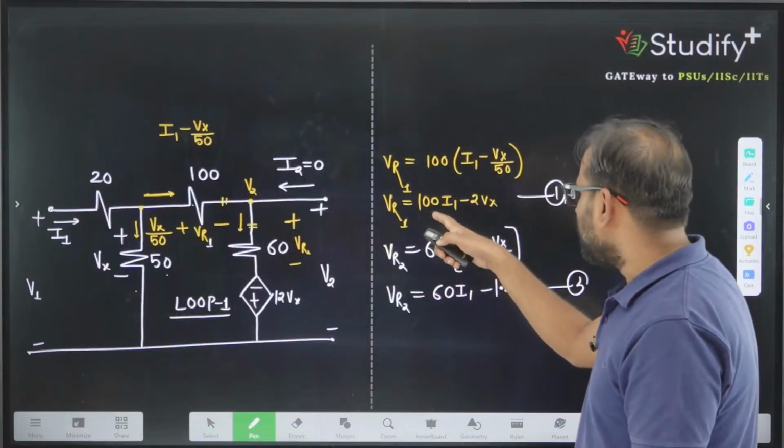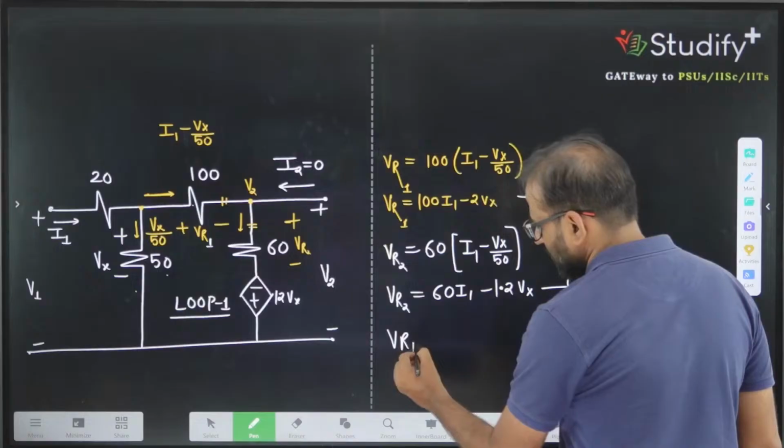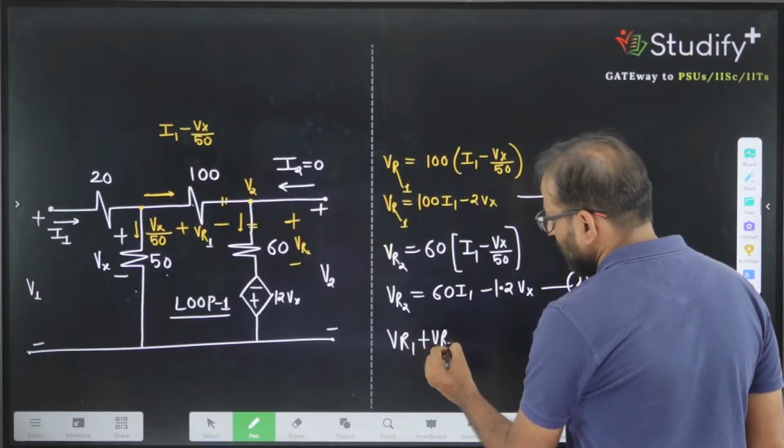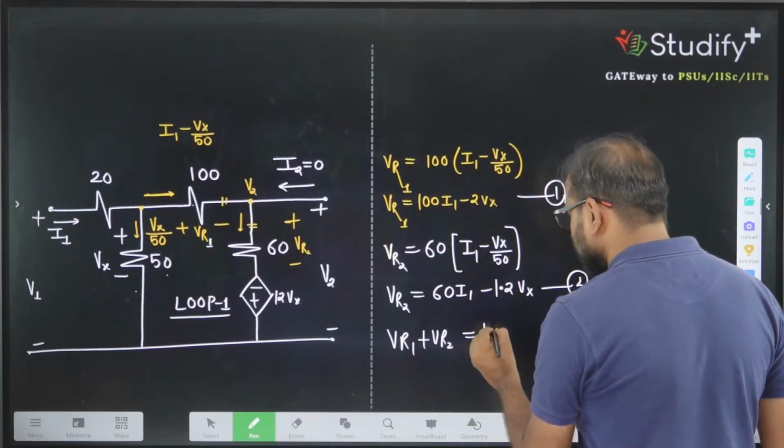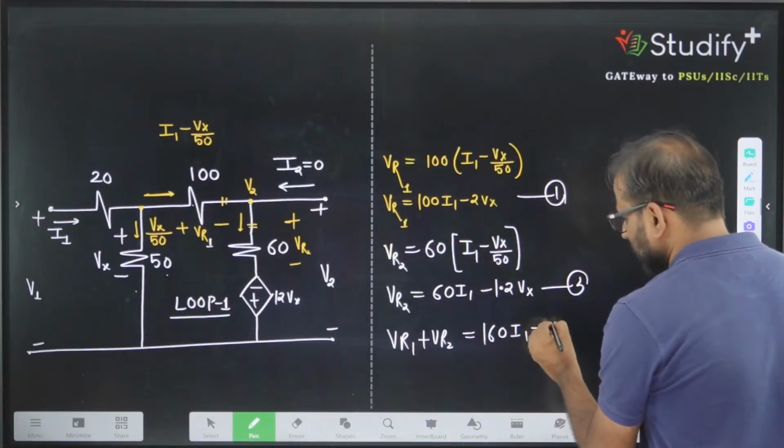We are interested in VR1 plus VR2. So 100 plus 60 is 160 I1, and minus 2 minus 1.2 is minus 3.2 Vx.